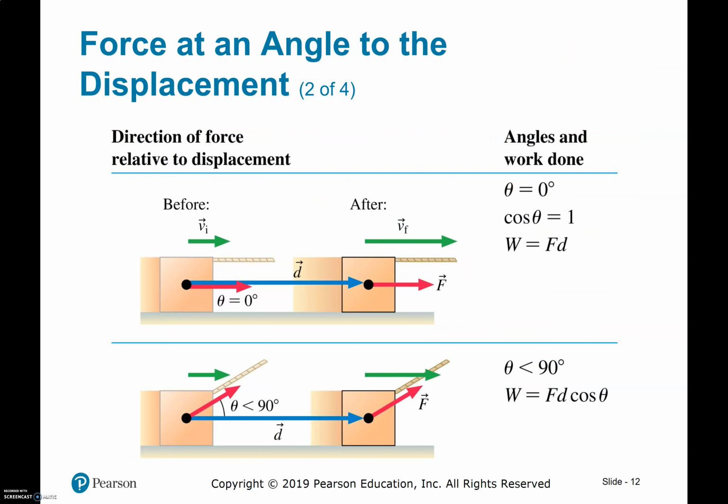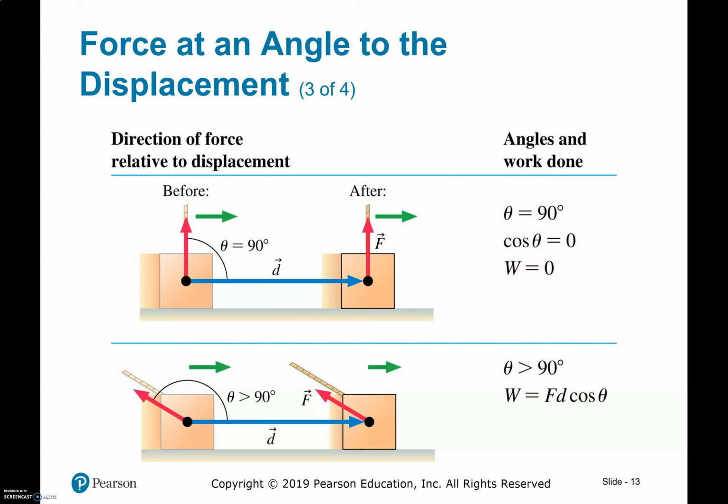So let's see types of work. If the force and the displacement are parallel, then the cosine of theta is 1, and the equation just becomes F times D. If there is an angle that is less than 90 degrees between the force and the displacement, then the equation becomes F D cosine theta. If the force and the displacement are perpendicular, this angle here is 90 degrees, then the work is 0.